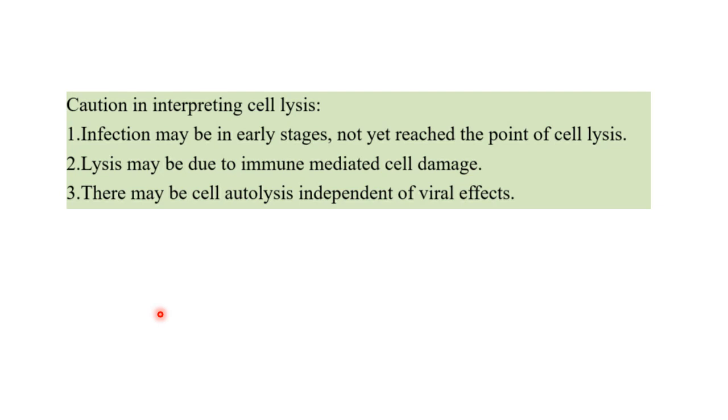Lysis may be due to immune-mediated cell damage. There may be cell autolysis independent of viral effects. Nevertheless, it's worth mentioning that a few slides ago, we actually saw viruses coming out of cells that were intact and virus was being released.